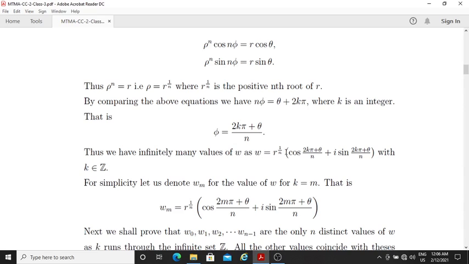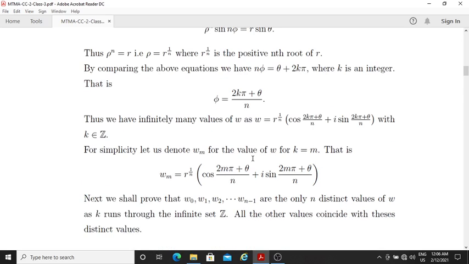The possibilities are r to the n, which is only one possibility, but cos((2k pi plus theta) by n), i sine((2k pi plus theta) by n), where k runs over the set of all integers. So this is where you get infinitely many possibilities for w.